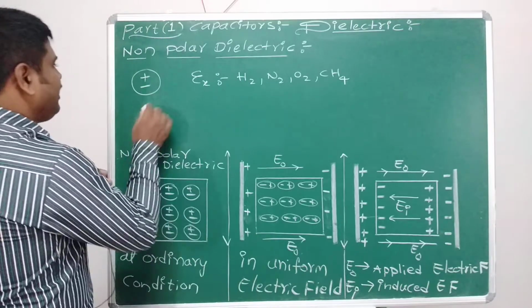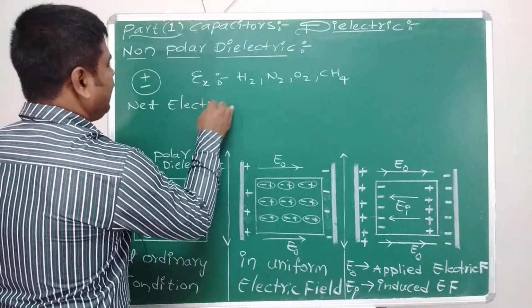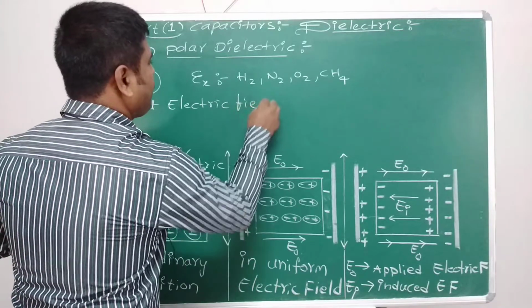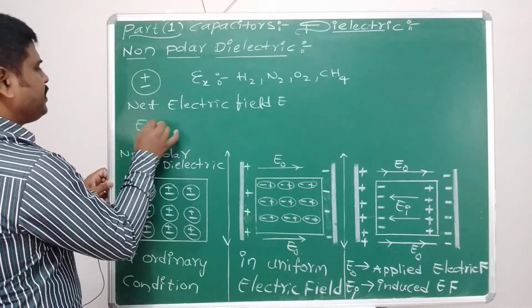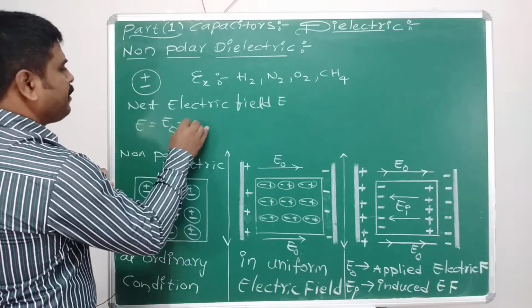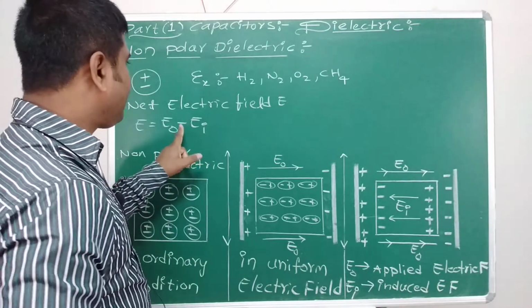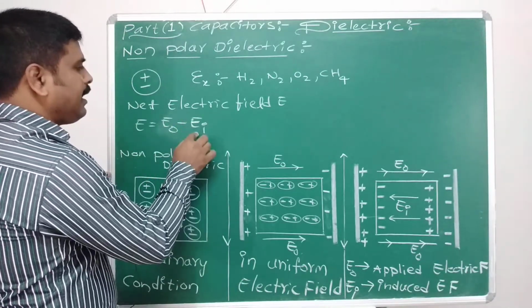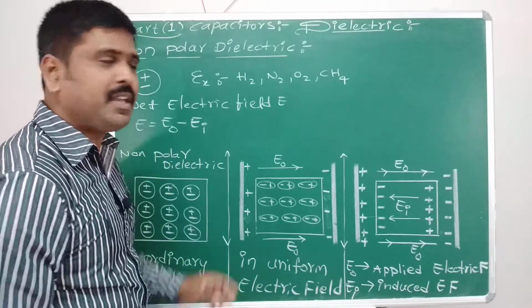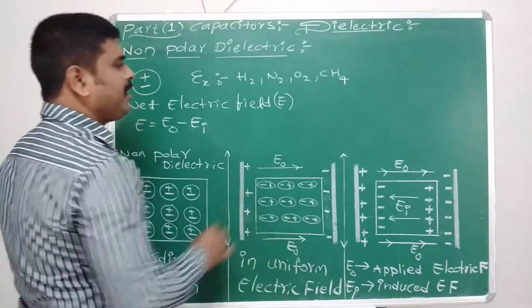So we can write the net electric field E equals E naught minus EI. Both are in opposite directions, that's why the minus sign is taken. EI is induced opposite to the applied electric field. This is the net electric field.